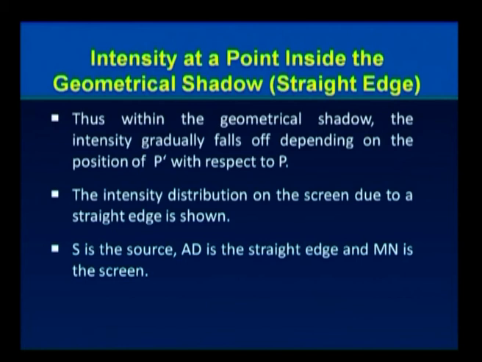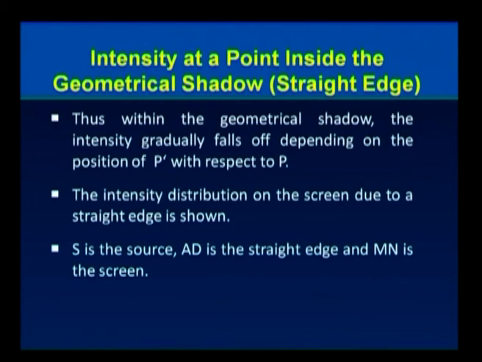Intensity will be going like this: maximum, then minimum, and the second maximum will be lesser than the first maximum, and then thereafter the intensity variation will be much smaller. Thus, within the geometrical shadow, what happens? You get some light. The intensity gradually falls off depending on the position of P prime with respect to P.